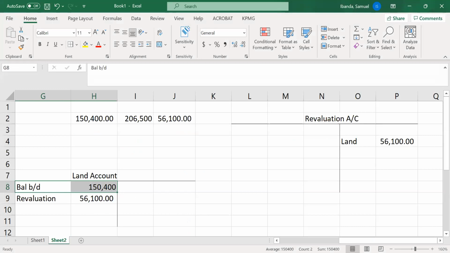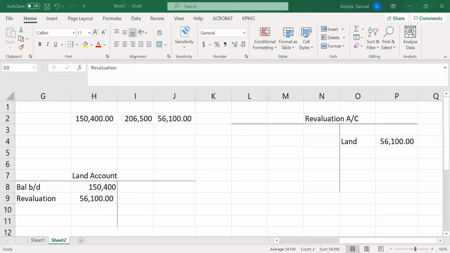And that balance brought down is what is within the statement of financial position provided to you, and look at the revaluation. Revaluation is the difference between the other value that was in the statement of financial position and the one that they're telling you is the revalued amount, okay? That gives you exactly what you need to consider, okay? Yeah, so that is very important.